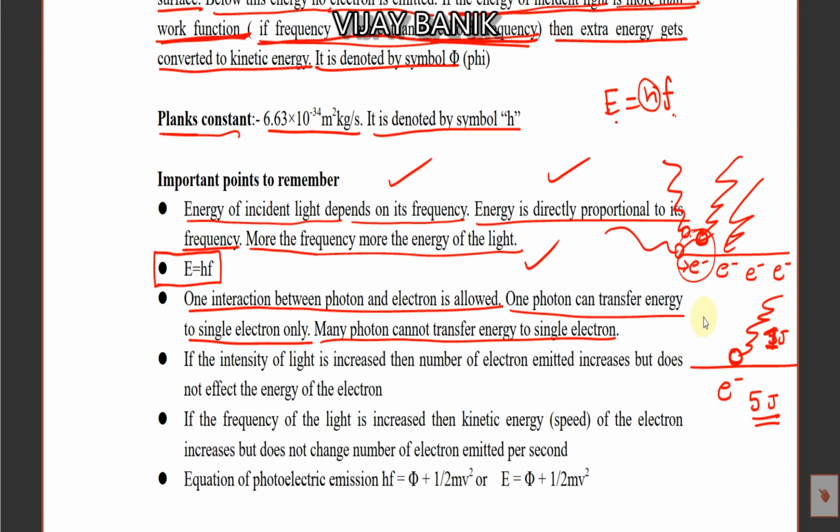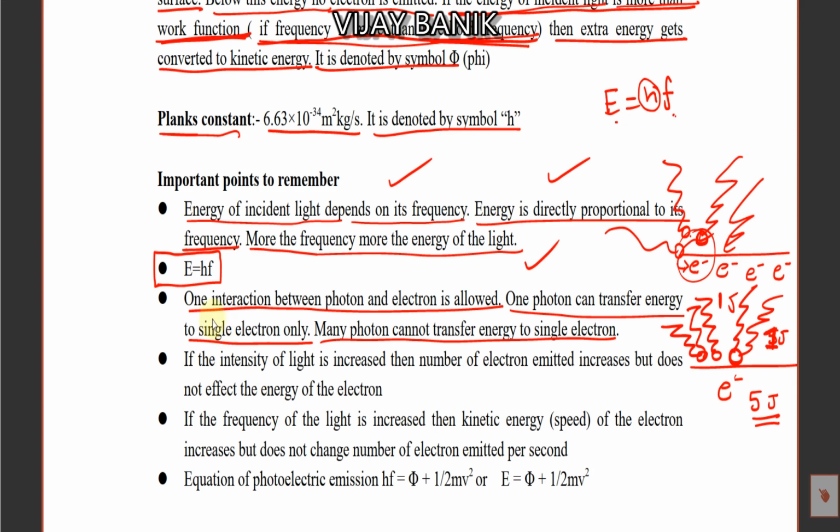So we're saying, okay, we can just hit the electron with 5 photons of 1 joule: 1, 2, 3, 4 and 5. So the electron will get ejected? No, that does not happen. One single interaction is only allowed. That means that particular photon should have energy equal to or more than work function. Otherwise, no emission of electron will take place.